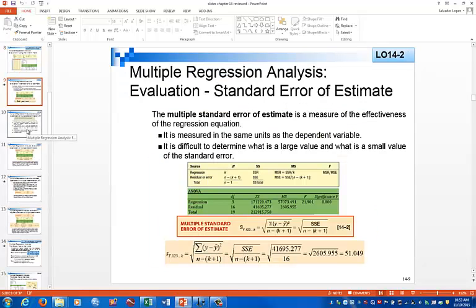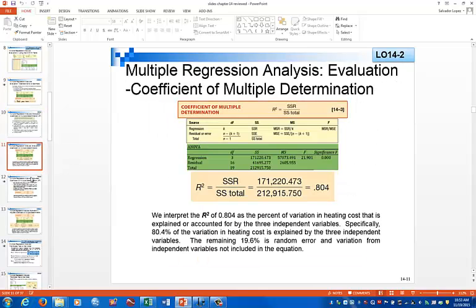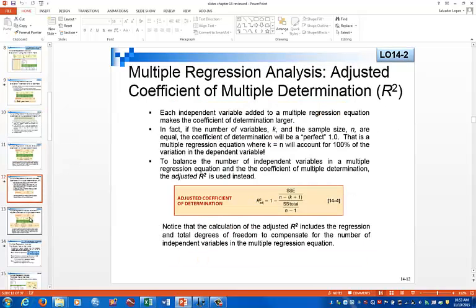It adjusts for the number of independent variables, and it's not going to be equal to 1 if you just keep adding variables. It is adjusted by the number of independent variables, and it gives you a more accurate version of the correlation between the independent variables and the dependent variable.